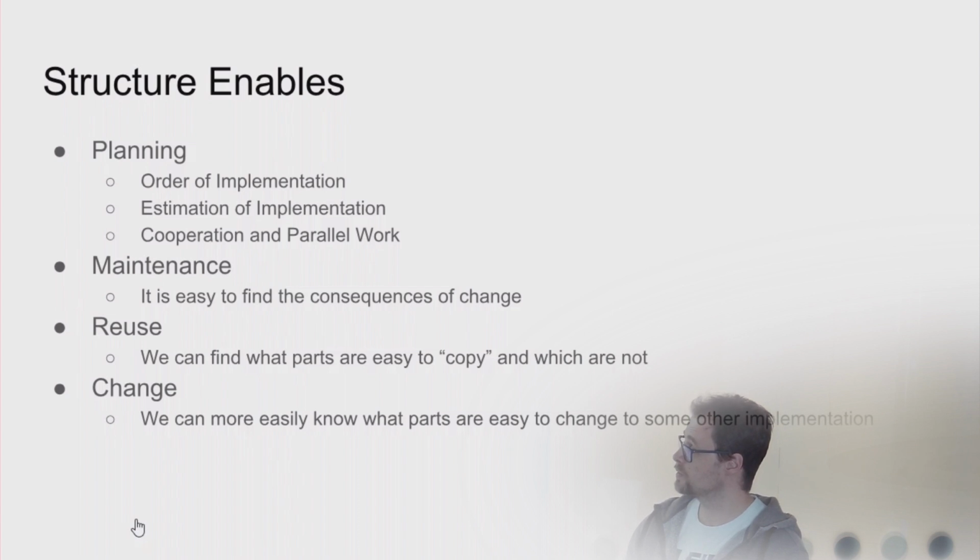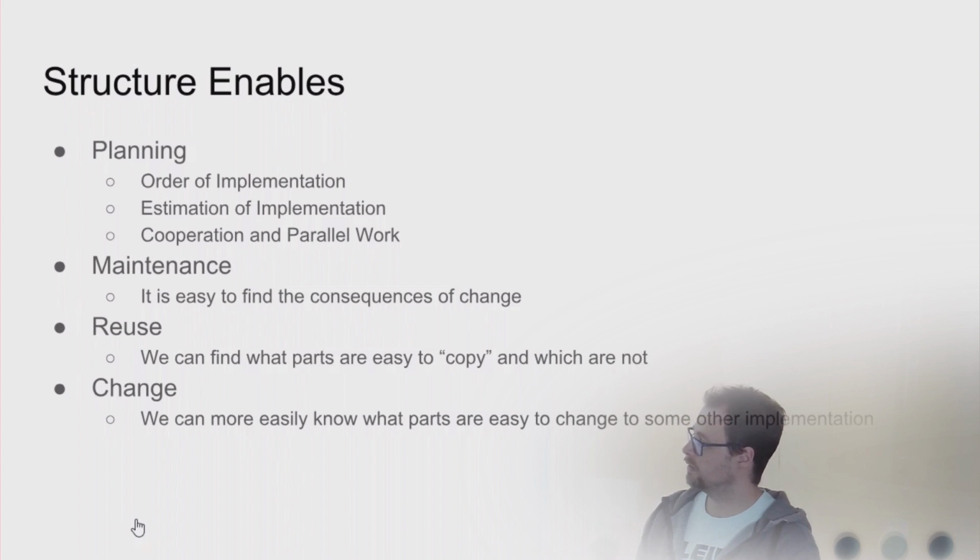It's easier to reuse. We can find the parts that are hopefully easy to copy from the system, and I put copy in quotation marks here because, well, copy-paste is one type of reuse, but not the only type of reuse.